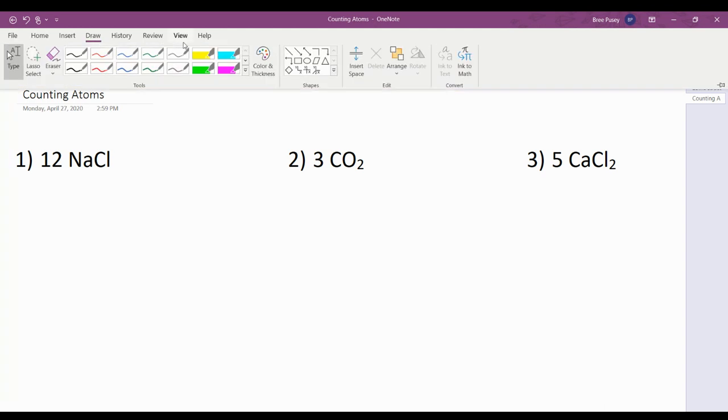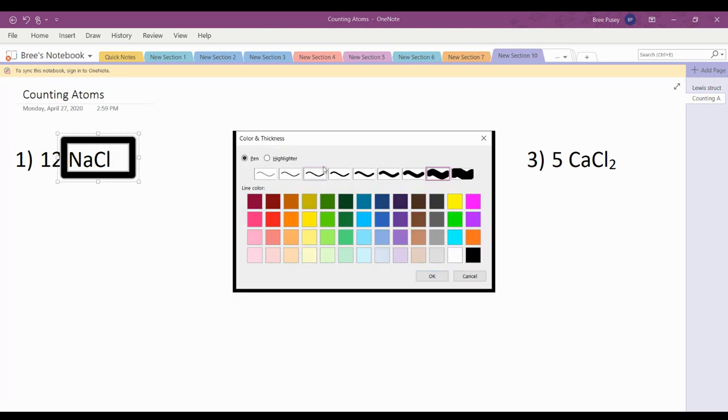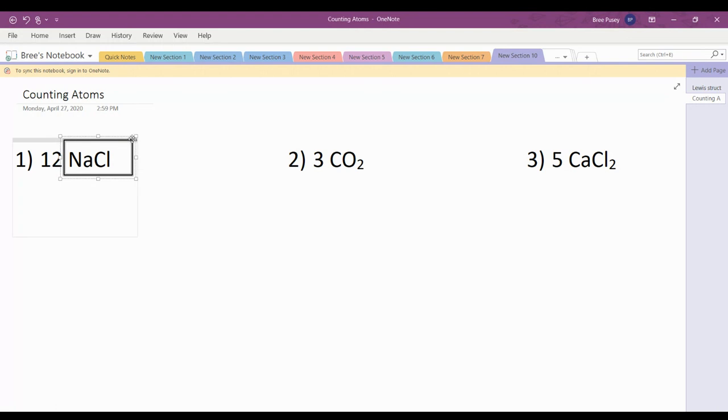Following some of those tips and tricks I told you about in the notes, I'm going to put a box around the molecule, because that will help me remember that I need to multiply this 12 by everything in the box.